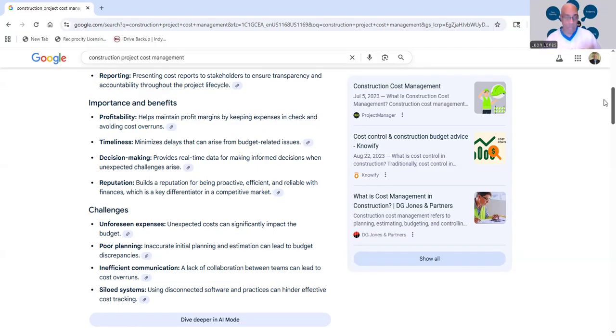The reason why that happens is somebody isn't watching the materials, the labor, the equipment. And then you have siloed systems. Of course, when it comes to construction, we don't build projects just with manpower, just with paper. We're using computers. So using disconnected software and practices can hinder effective cost tracking.